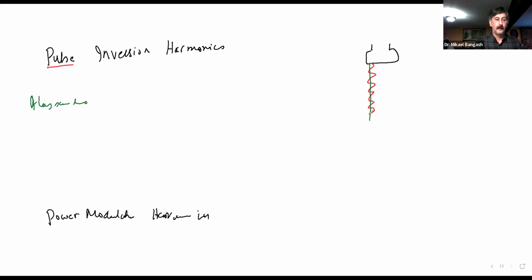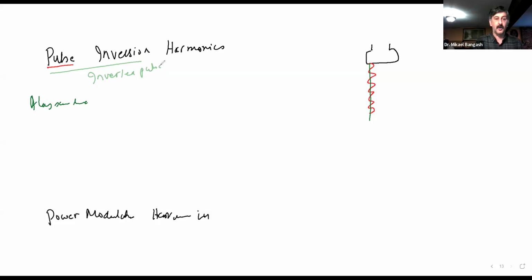But the mechanism that applies here is a pulse inversion, which means it will produce an inverted pulse. What do you mean by an inverted pulse?